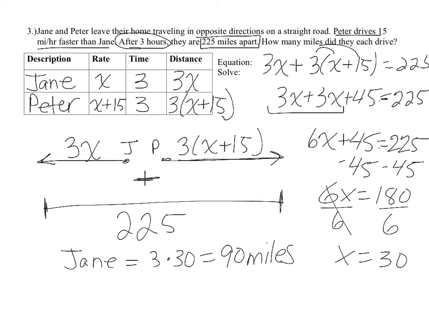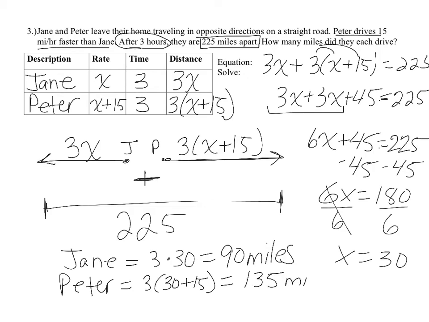And then Peter, his distance is going to be 3 times x plus 15. So that's going to be 30 plus 15, which is 45, times 3. And that's going to give me 135 miles.